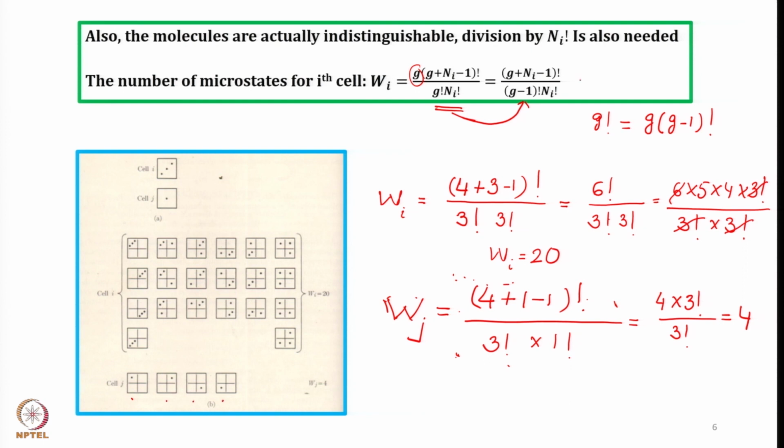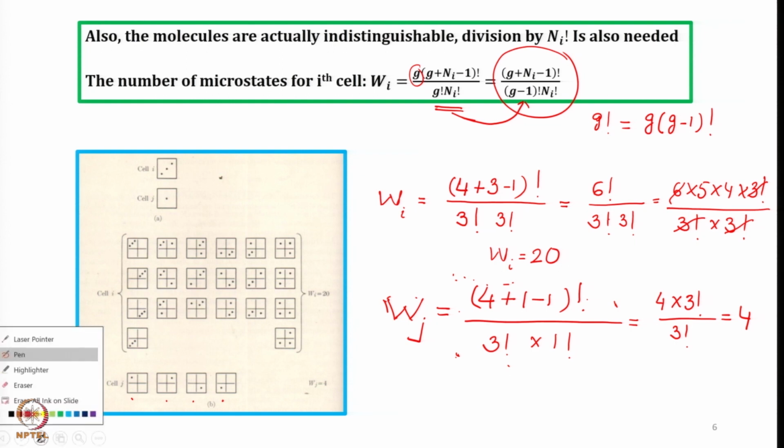So therefore this derived formula is correct. So now we have an expression which can be used to determine the number of microstates for any ith or jth cell. Now you will see the next treatment is similar to that we discussed in Maxwell-Boltzmann statistics.